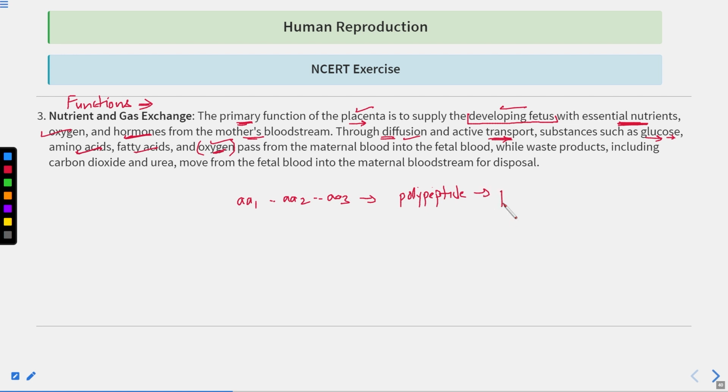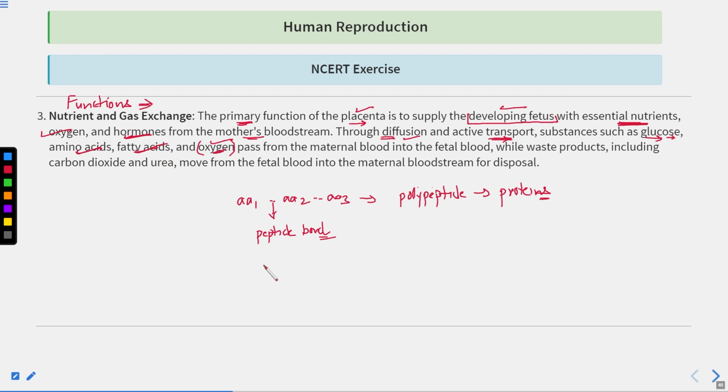Polypeptides are also known as proteins. So amino acids are the building blocks of proteins. And what is formed here? A peptide bond is formed. Clear? Fatty acids combine with glycerol to form lipids.